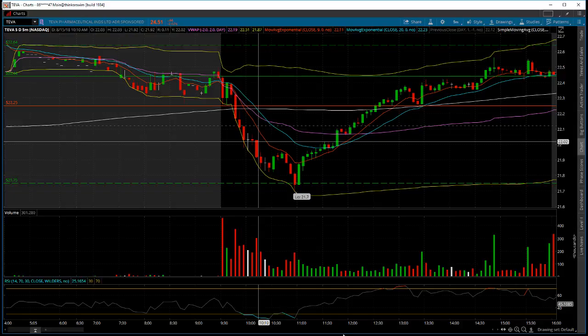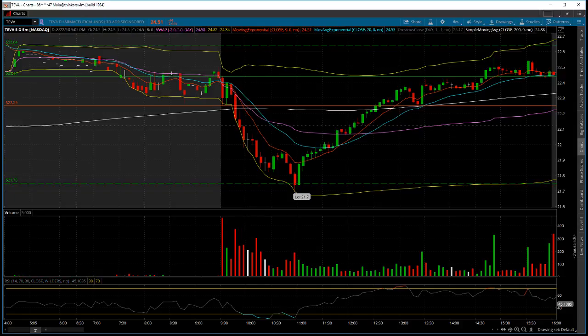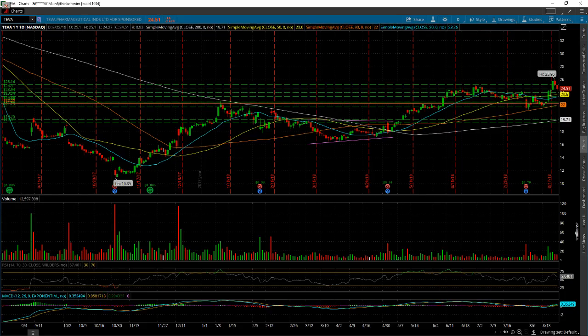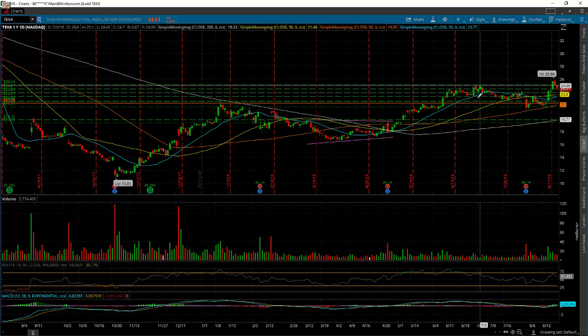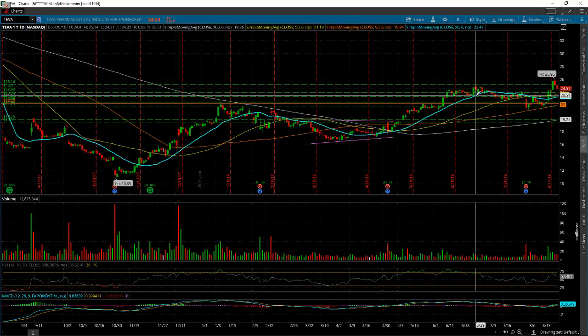So if I don't have the levels marked, I'm going to have to go to the daily chart and mark my levels around where I'm trading.